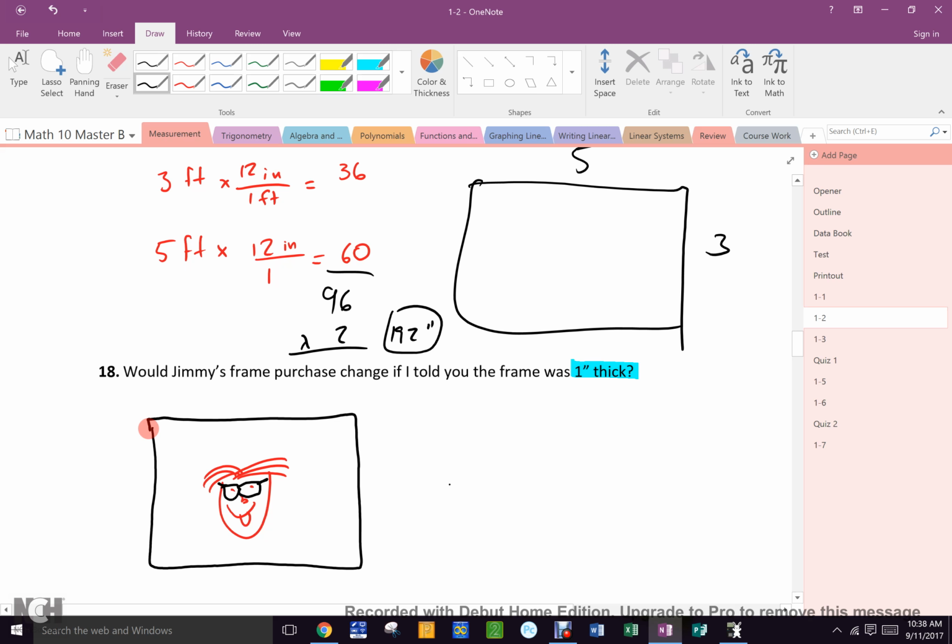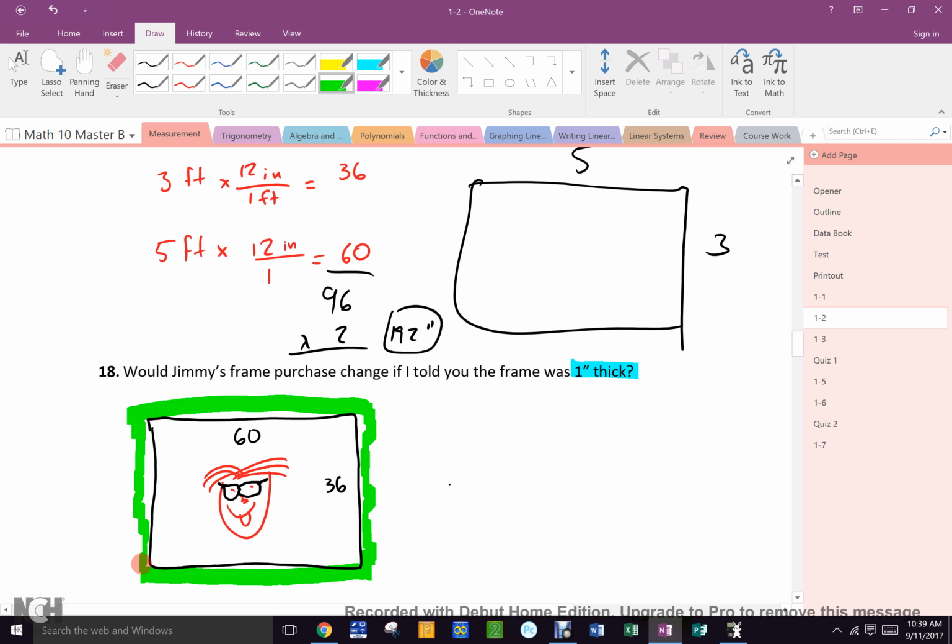That's the picture. I want a 1 inch frame around it. We know that the picture is 60 by 36, correct? Now I want a 1 inch frame. So where does the frame go? Around the outside, doesn't it? Right?